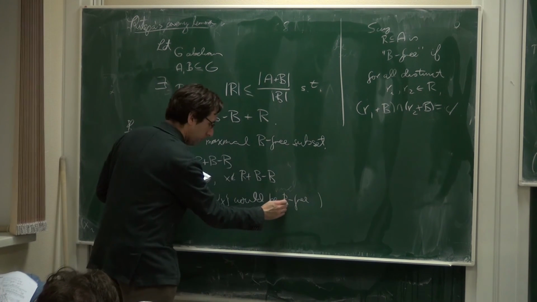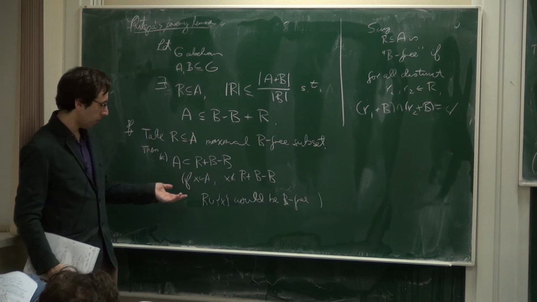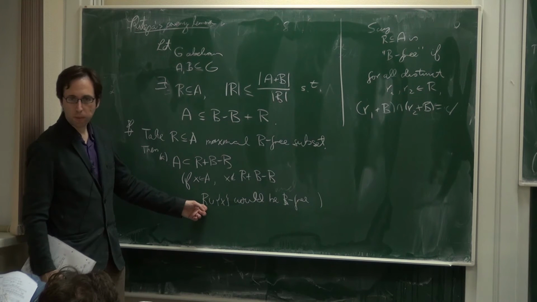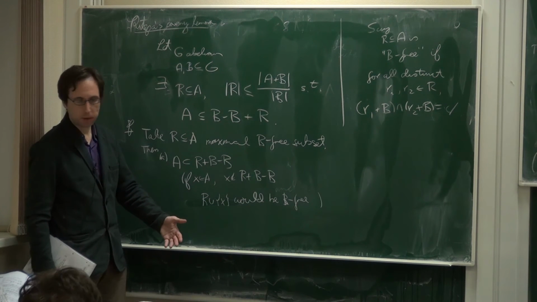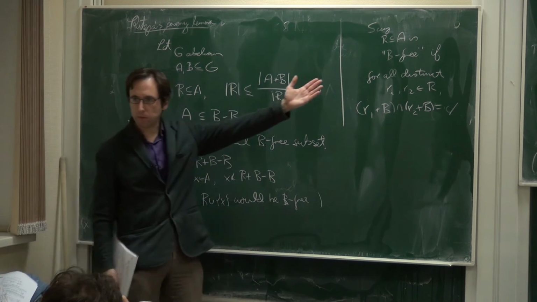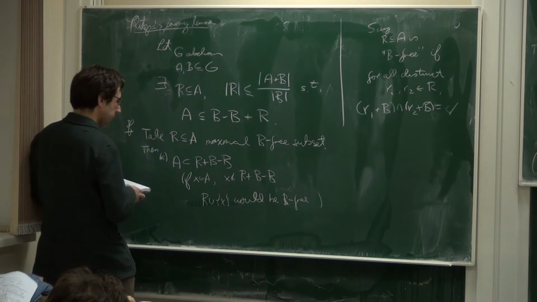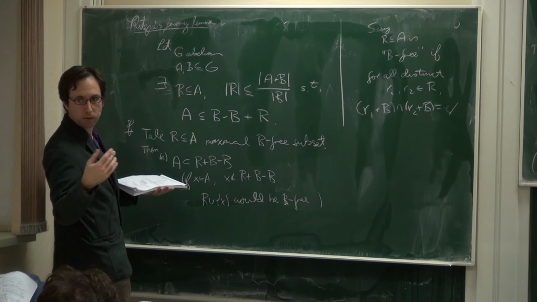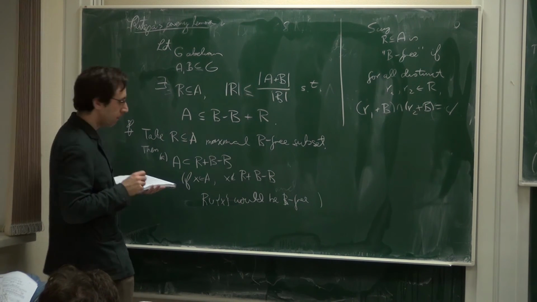It would be B-free, because if it were not B-free, it would mean that x plus something in B is equal to some little r plus some other little b. And so this would be violated, because x would be r plus one little b minus the other little b.